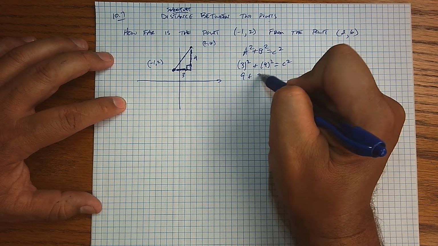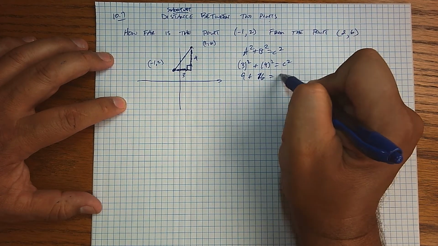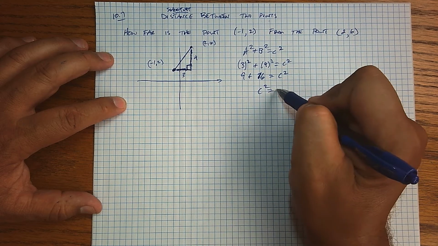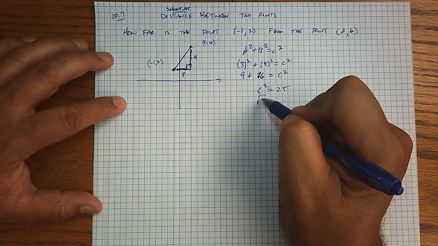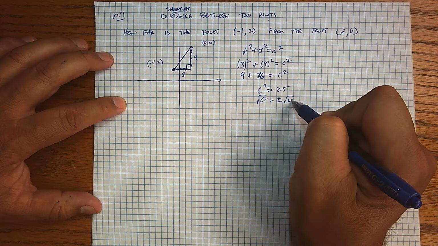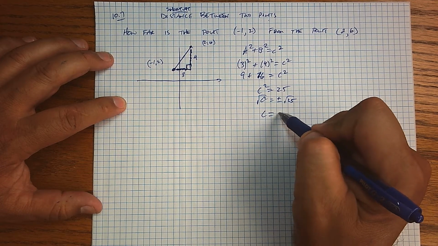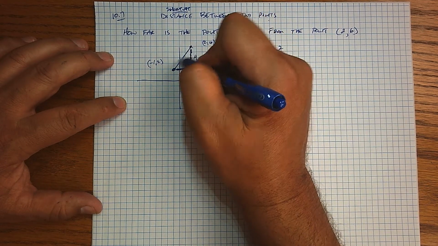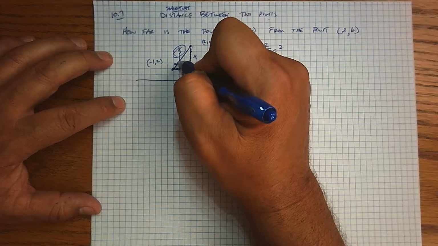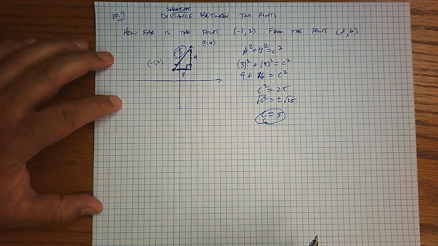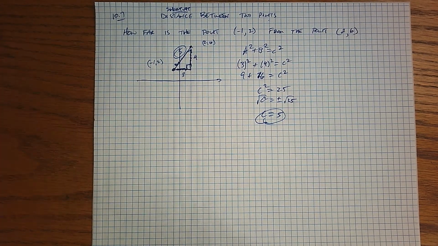That's 9 plus 16 equals c squared. We get c squared equals 25. Taking a square root, introducing our plus minus, keeping the positive root, the distance between these 2 points is 5 units. So that's 5 units away. Okay, so it's almost like the GCC pool problem, just oriented the other way.